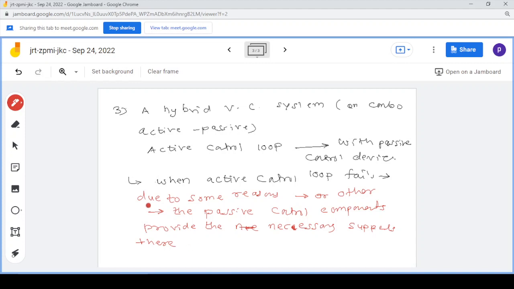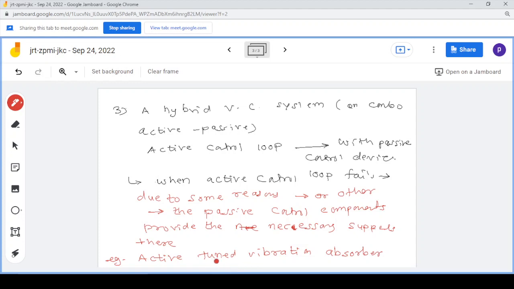A good example of such a case is the active tuned vibration absorber. In the previous sessions, we understood about the tuned vibration absorber, in which the passive elements are used, such as the spring and mass, which are reducing the response of a system, right?